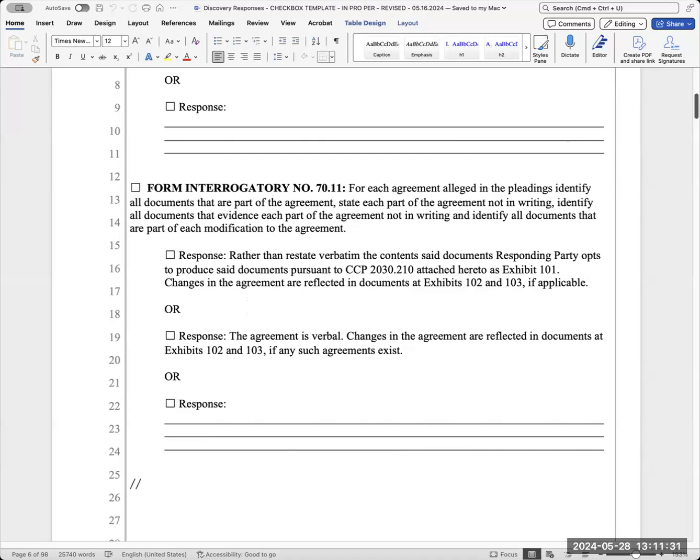You include it in your binder and answer by checking here. If the agreement is verbal, you check here, but you might still have tangible evidence of rent payments and some communication of any change in agreement here: text messages, notices, letters, emails. Or any other response, if these responses don't apply, put your response here.